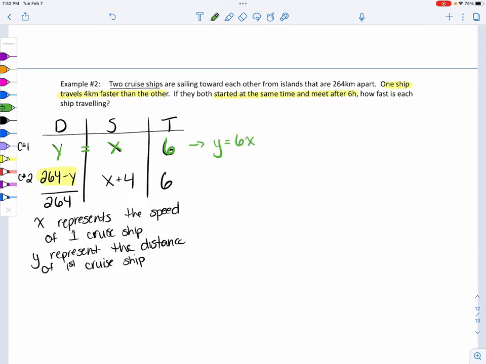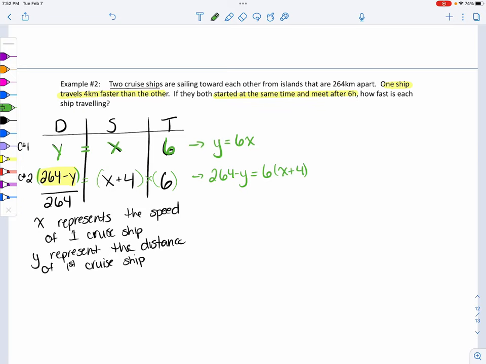We like the coefficient in front, 6 times x. Same thing down below. The distance, so 264 minus y, equals the speed multiplied by the time. Again, I like to put that number in front, so I can say time and then the speed.